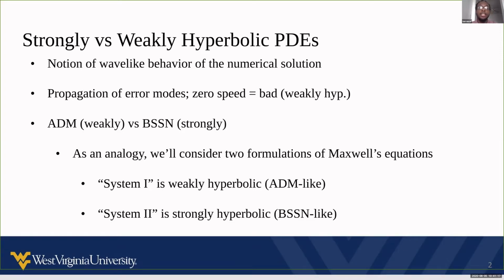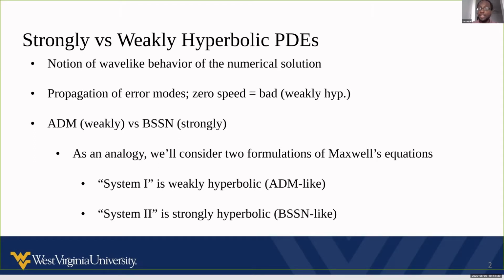And a really nice example of this was in the 3+1 decomposition of Einstein's equations. When that first happened, using the ADM formalism, it turned out that formalism was weakly hyperbolic, and it led to a lot of instabilities to the point where you couldn't really evolve those equations for a long time.